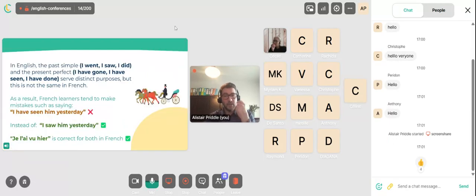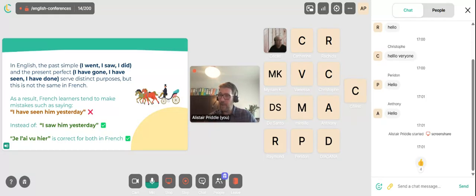So in English, the past simple: I went, I saw, I did, for the verbs to go, to see, and to do. And the present perfect for the same verbs: I have gone, I have seen, I have done. In English, the past simple and the present perfect serve different purposes, but this is not the same in French.